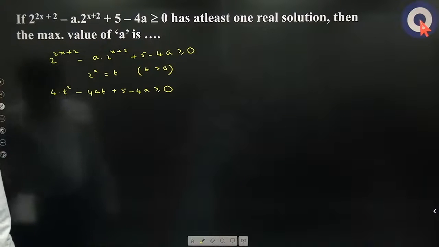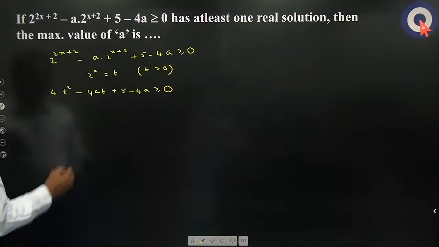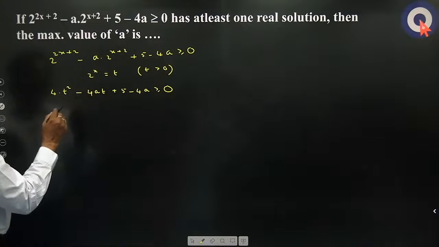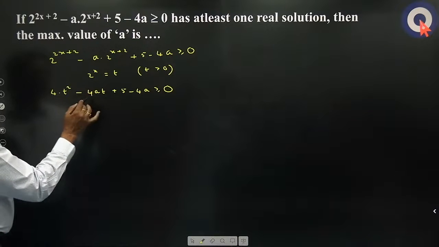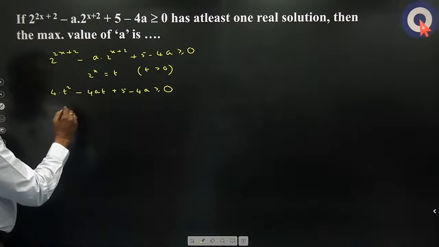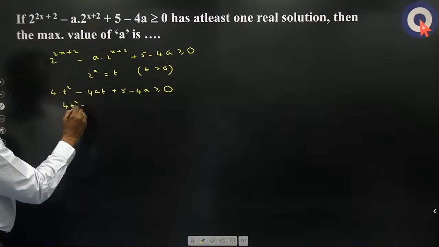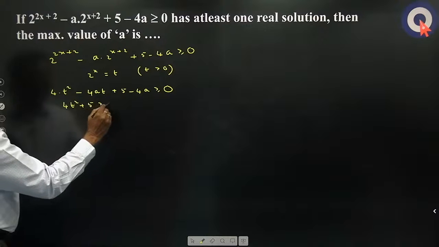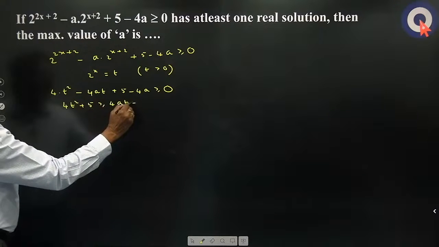All right. So 4t square plus 5 is greater than or equal to 4at plus 4a.